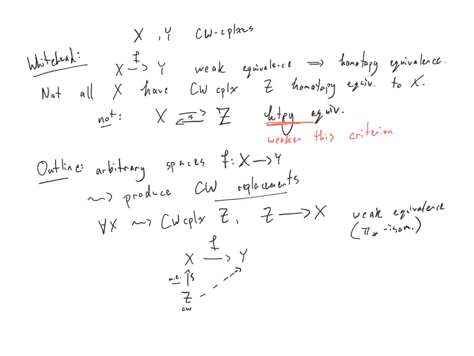If F is a pi star isomorphism, then this composite is a composite of two pi star isomorphisms. So if F is a weak equivalence, so is the new map from Z to Y, the composite.